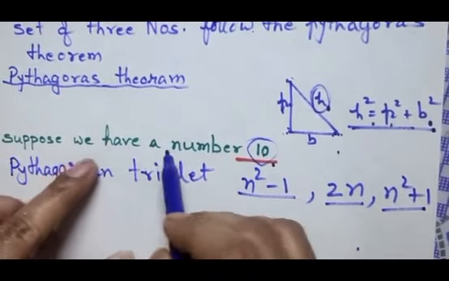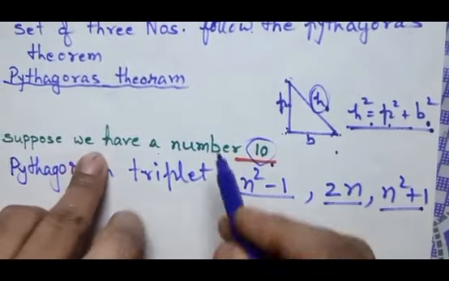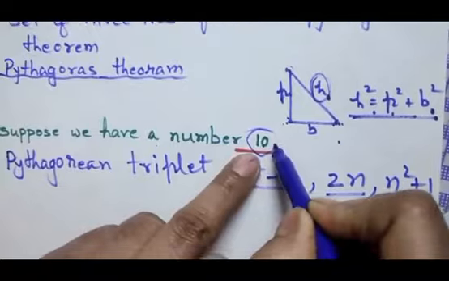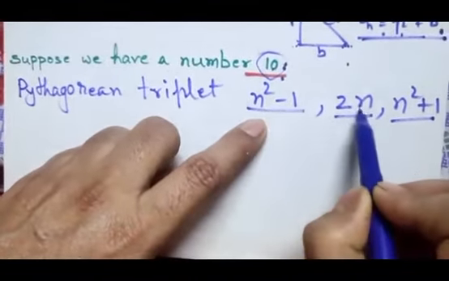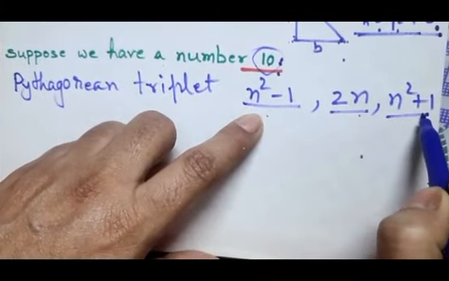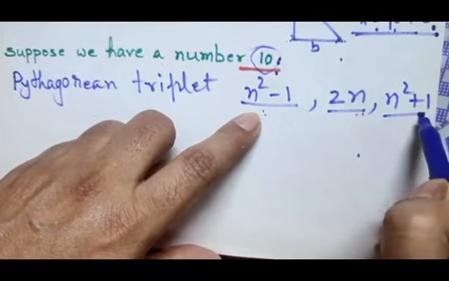So, when we are given a number 10, we will relate this given number with any one of these three terms.